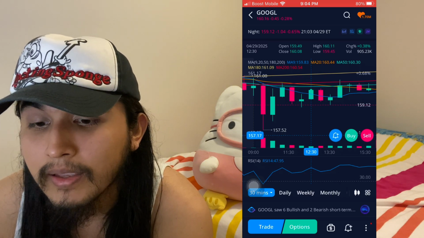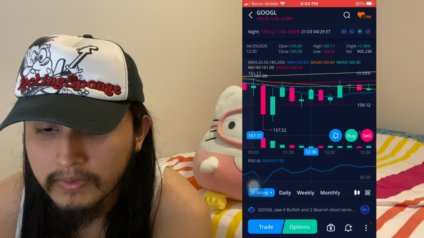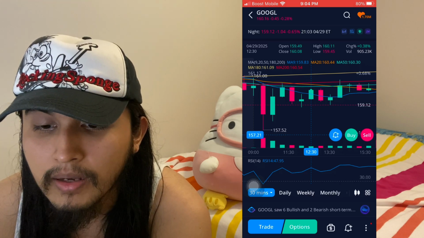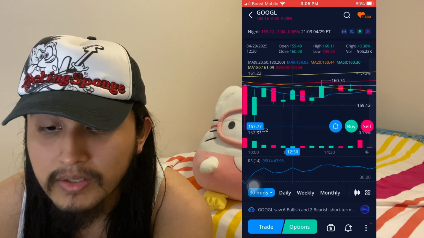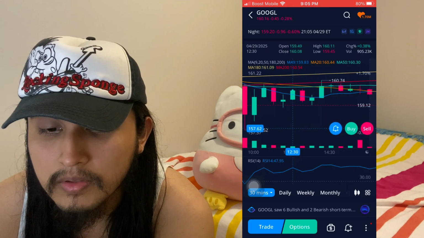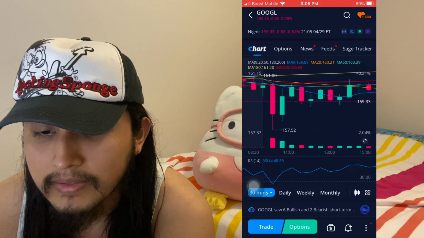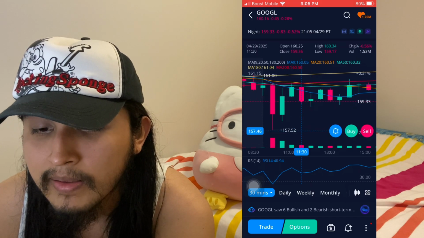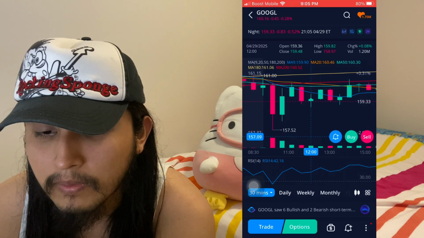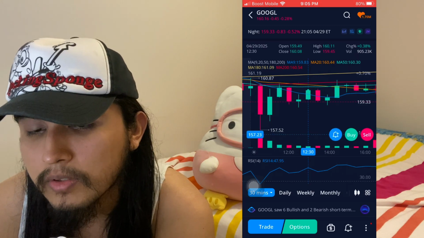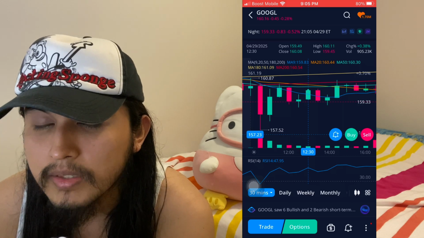Now let's say it goes above the 9-day moving average. What would be the next step? For me, honestly, the next step would be to patiently wait and see if it can get somewhat close to the previous highs, which was, let's say, 160.34. Basically the 12:30 candle reached 160.11, and I'm just going to ignore the cents.